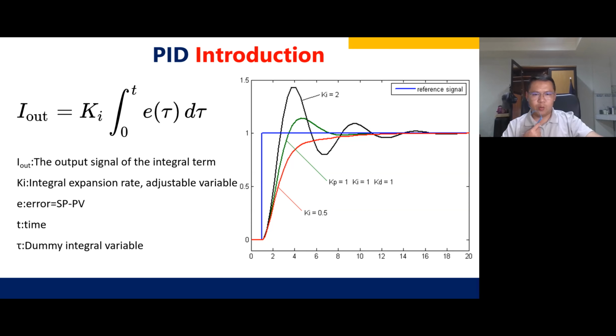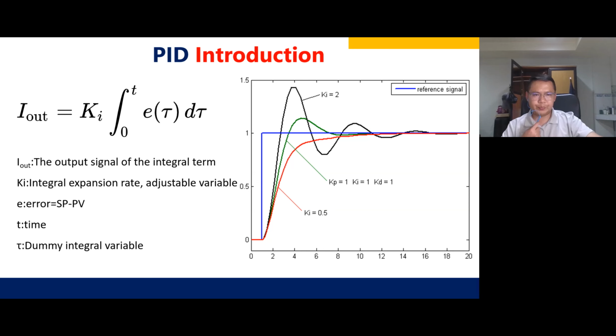The integral term, when used in combination with the proportional term, accelerates the process to the desired point and eliminates the residual error caused by the proportional term.